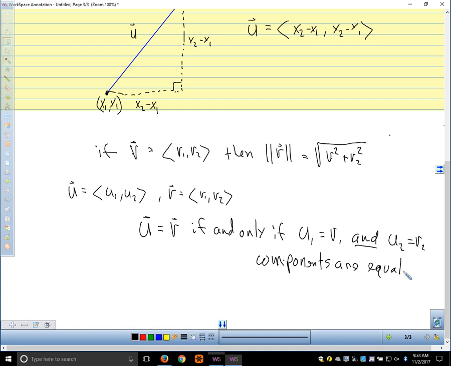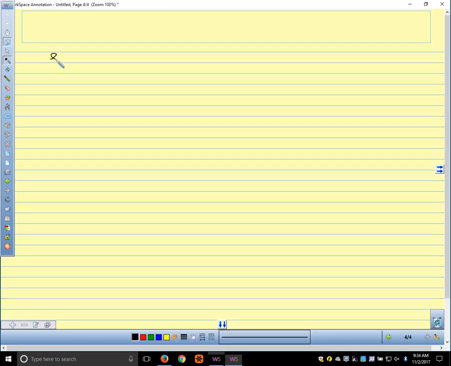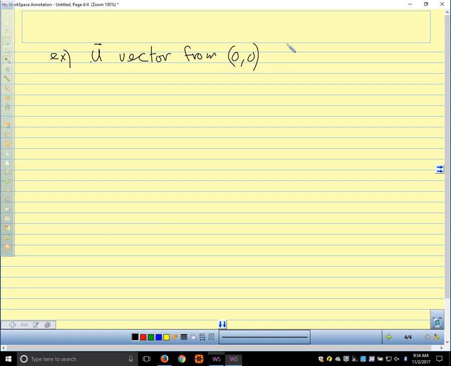Okay, I want to jump back to that first example we did, and we'll look at the component form. So we want to show, again, u is the vector from 0, 0 to 4, 5.